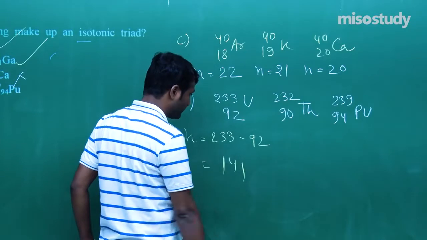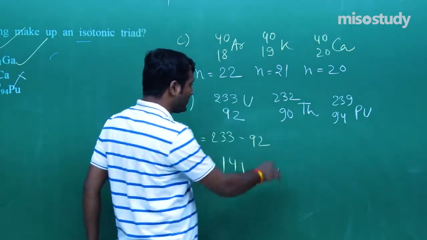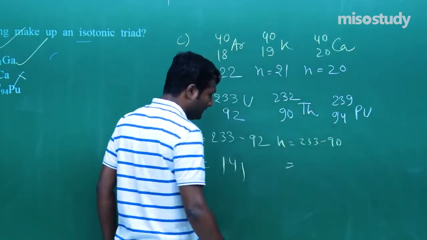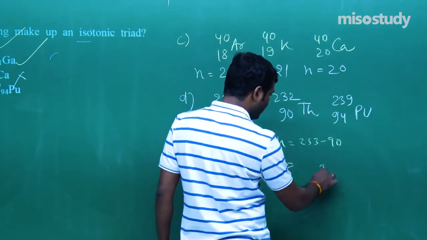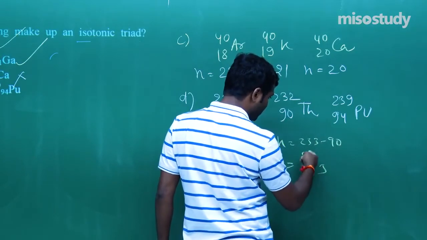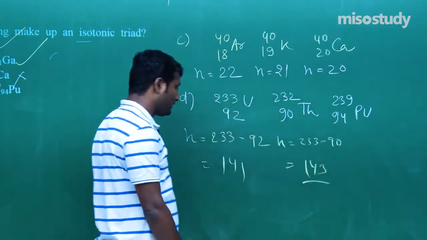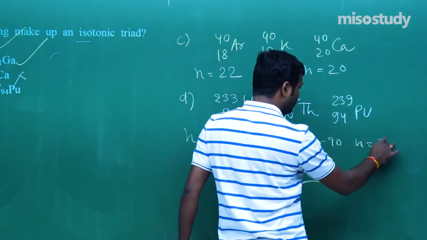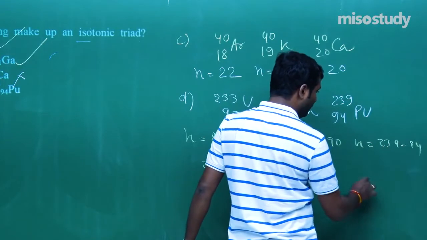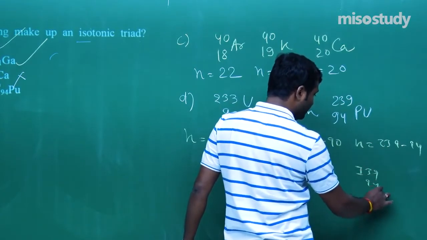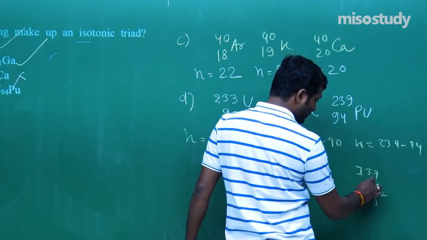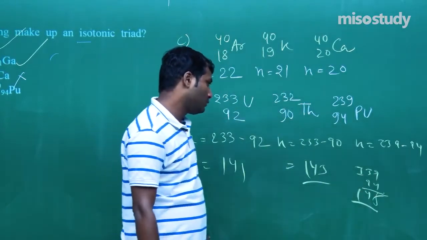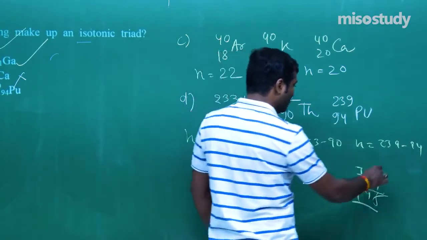Then 233 minus 90 is 143. Then 239 minus 94 is 145.